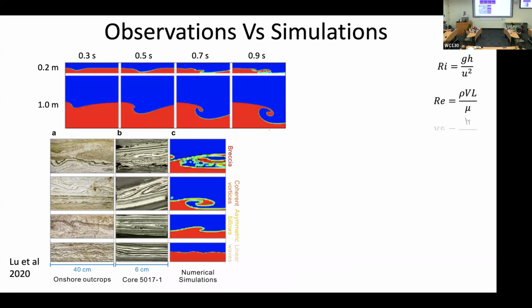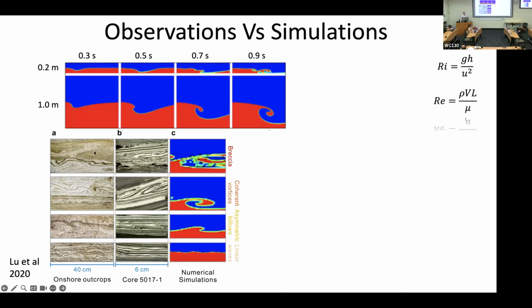So here are some results from numerical experiments that my colleagues did, under this condition at different time steps. It depends on the thickness of the experiment at 0.3 second. As it progresses, you get different results. And we can see here examples versus some of the observations.